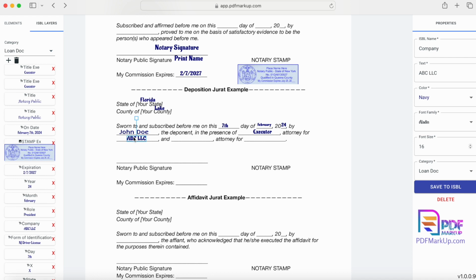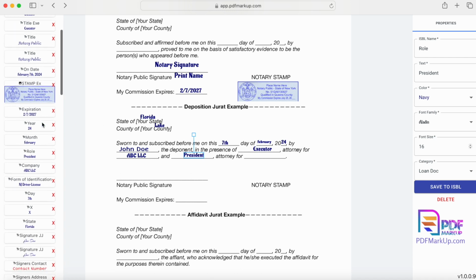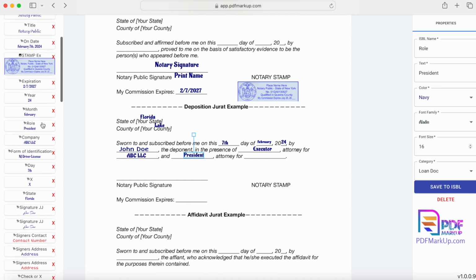And Maria Gonzalez, president, is the attorney for whatever other corporation or for John Doe. See, he's being represented.